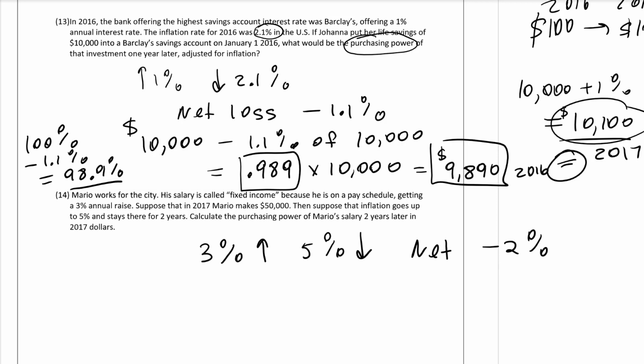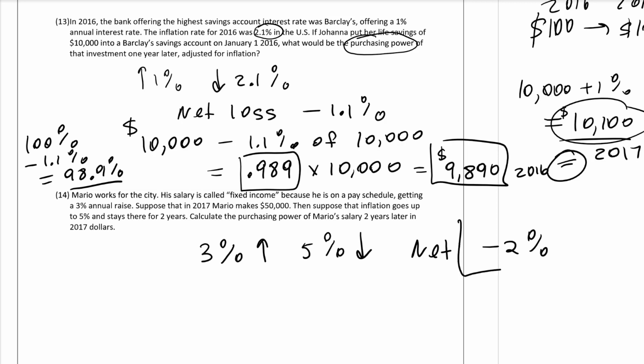The actual salary that Mario is receiving is going to go up, but the actual value of it to buy goods is going to go down. All right? So this is one of the quantitative reasons why printing money and just creating money with no actual value in it puts the economy at risk.